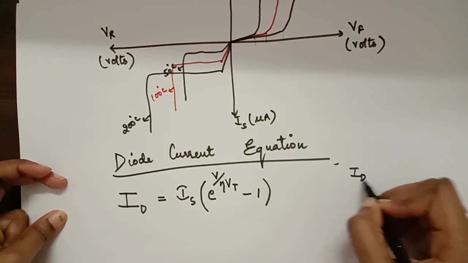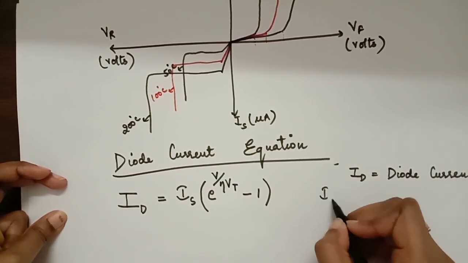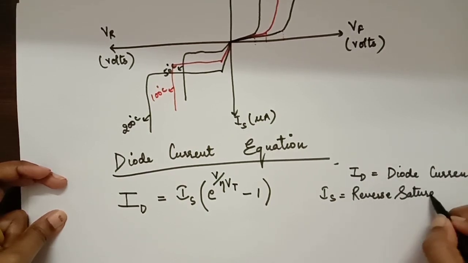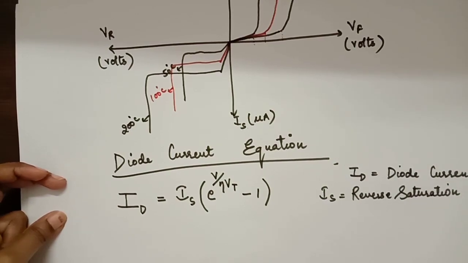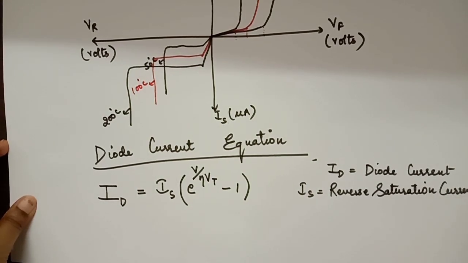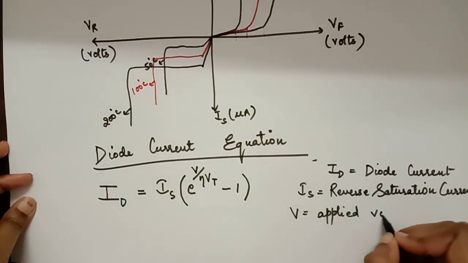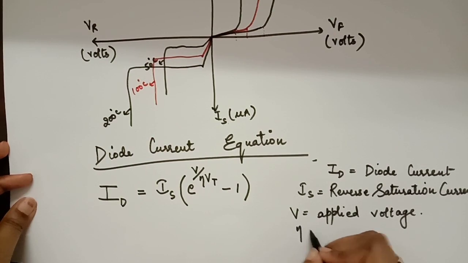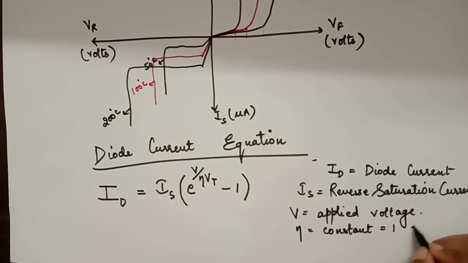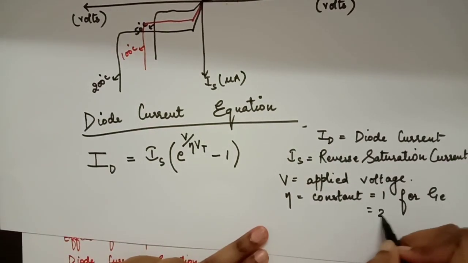So ID is the diode current, IS is the reverse saturation current, V is the applied voltage, eta is a constant, and its value is 1 for germanium and 2 for silicon.